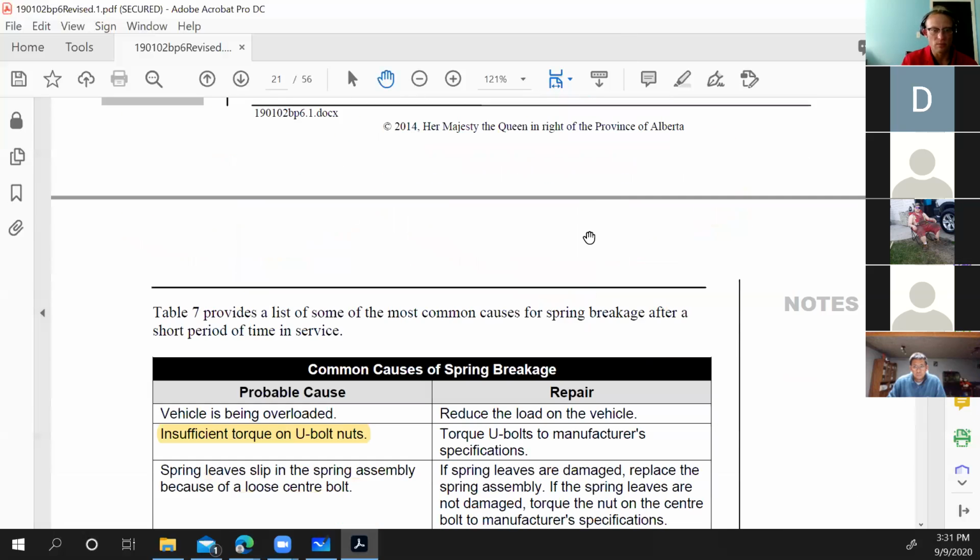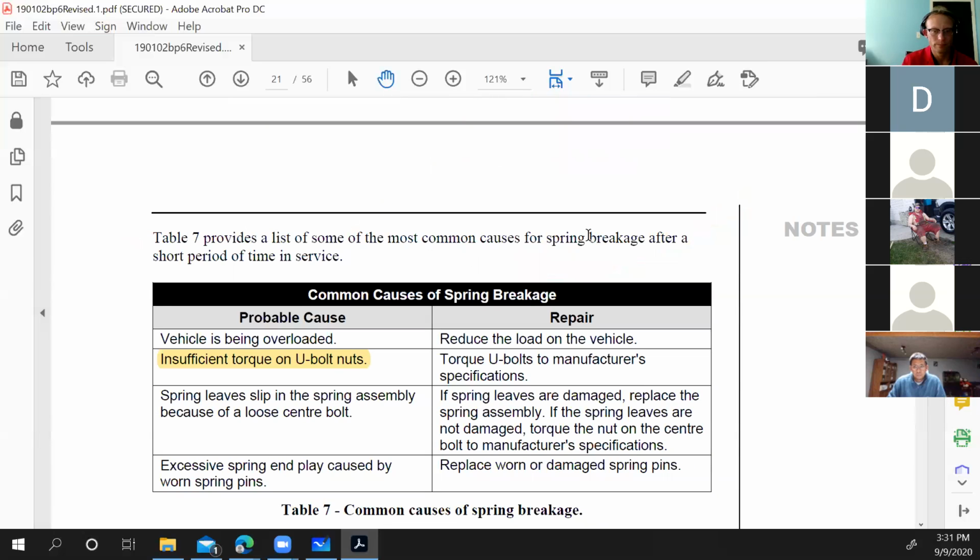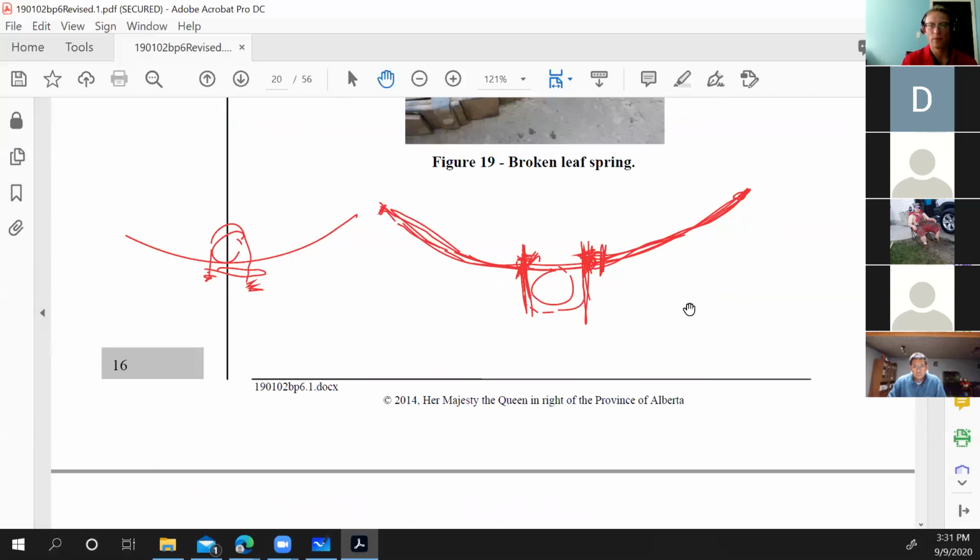Loose U-bolts, so that's like overworking the metal and then getting hard and brittle. Essentially what you're doing is making too long of a lever. They're designed so that this is supposed to be the effective length of the spring. If this one's loose, now all of a sudden this front section here is a lot longer. So the force applied here is causing a lot more force to be generated here, just because it's not held here anymore.